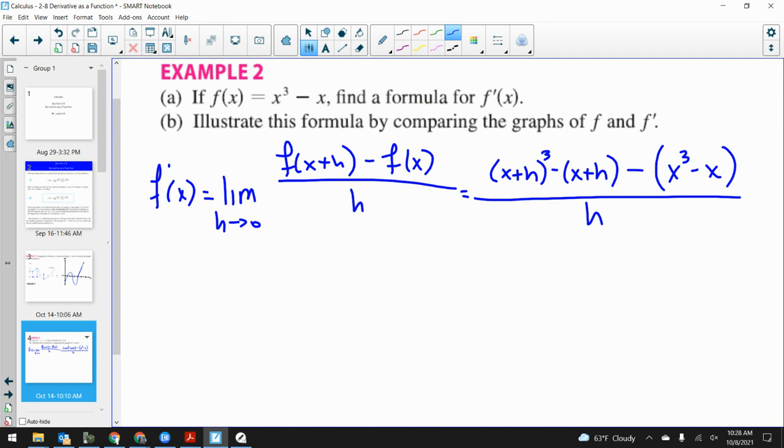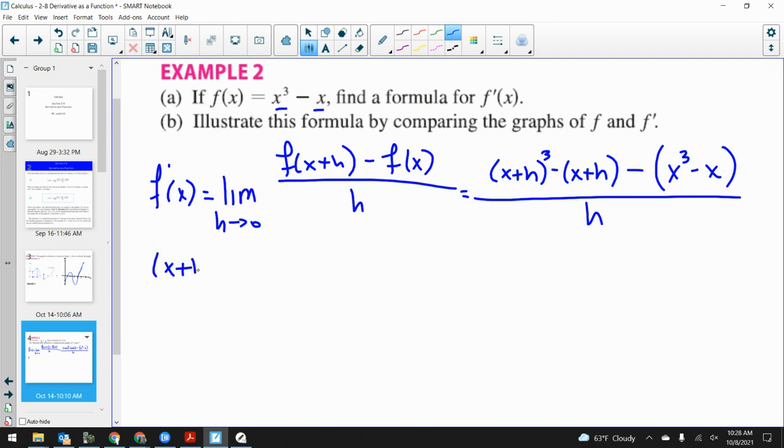All I did was plug in x plus h into here and here, and then just subtract away f of x. Now, can I evaluate using direct substitution? Again, you're seeing a theme here. So we have to algebraically manipulate it.